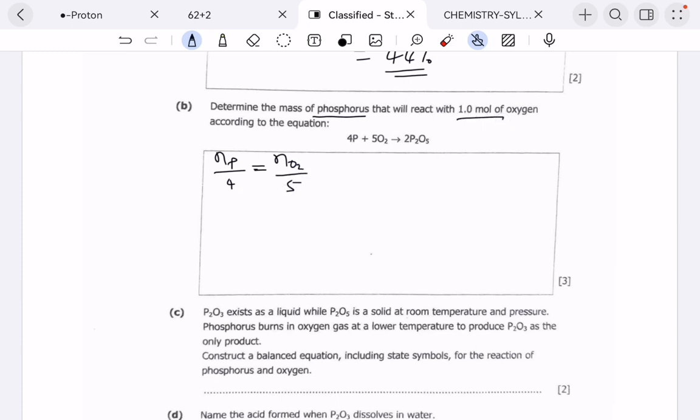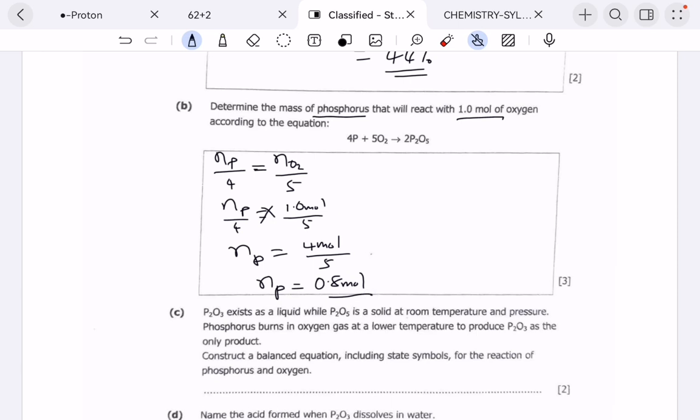Then in the question we are given the number of moles of oxygen as 1.0 mole. So divided by 5, then we do the math. Therefore the number of moles of phosphorus is going to be 4 moles divided by 5. Therefore the number of moles of phosphorus is going to be 0.8 moles.